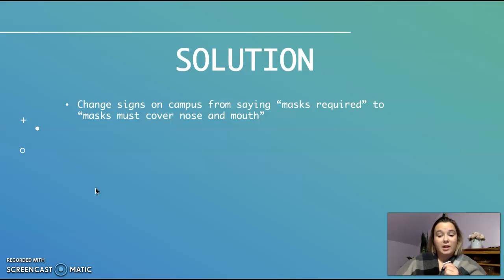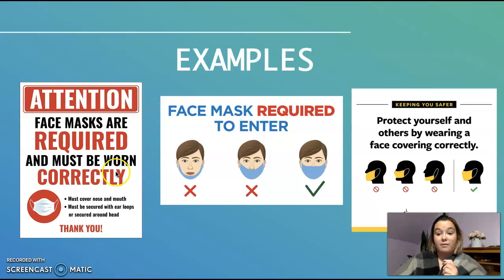But if you are in the Allied Health building, you'll notice that some of the rooms, I think it's a medical assistant room, has a sign that says masks must cover nose and mouth. So in my paper, I talk about how I think it would be helpful to take pointers from that sign.